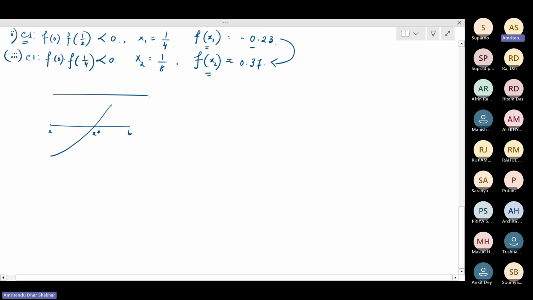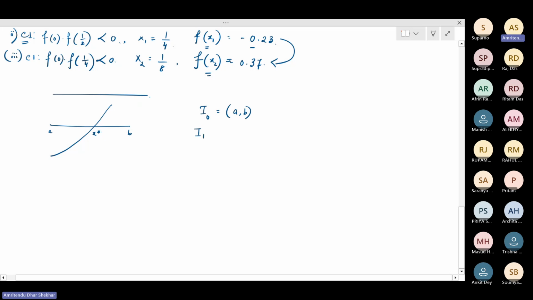What this procedure always does is, from this interval [a, b], it chooses another interval. The first interval is I0, which is [a, b]. Then it chooses another interval I1.